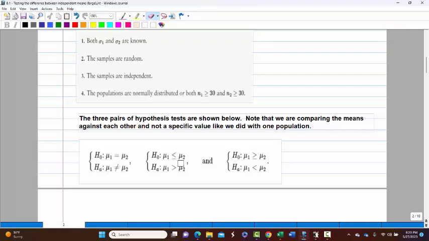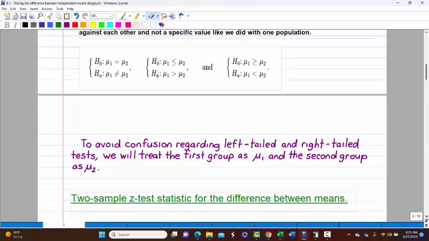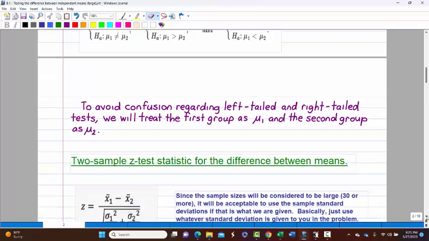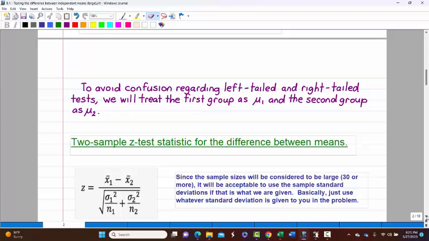Here's mu1 less than or equal to mu2, mu1 greater than mu2, and that's a right-tailed test. And then mu1 greater than or equal to mu2, and mu1 less than mu2. That's your left-tailed test. But technically you could compare them against a numerical value, like, we may think one of them is bigger than the other by 10 or something like that.